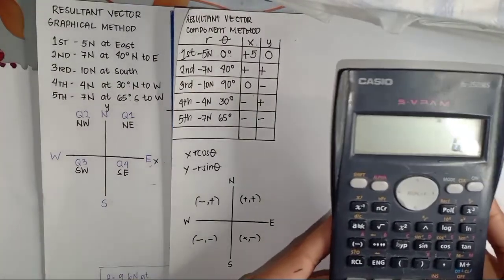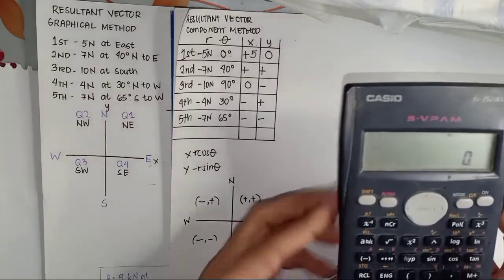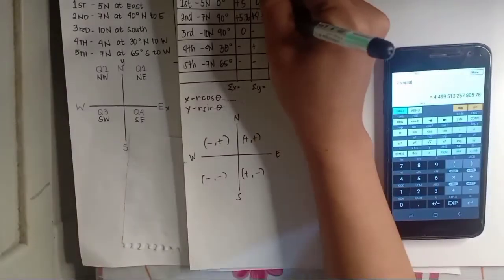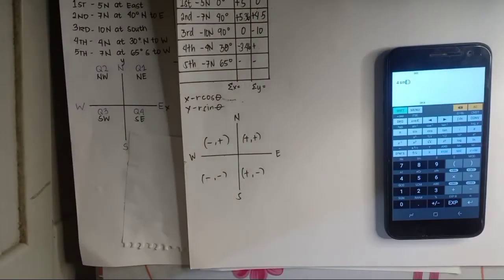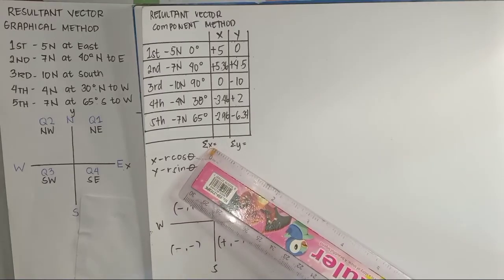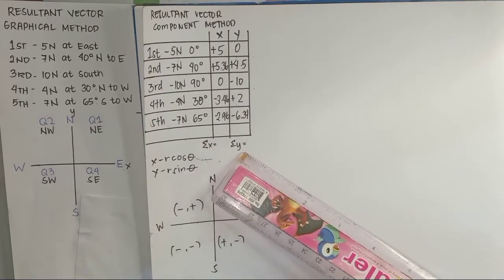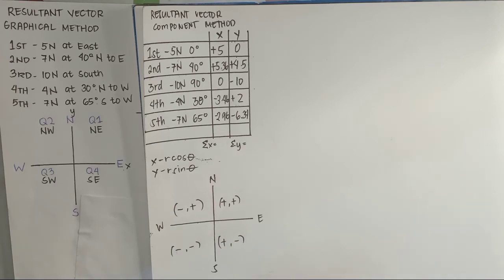And let's just continue the process. And now we're going to look for the resultant of x and for the resultant of y by just simply adding.